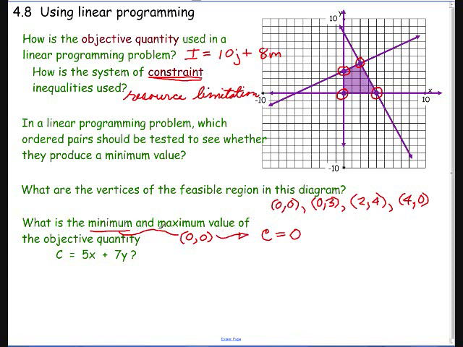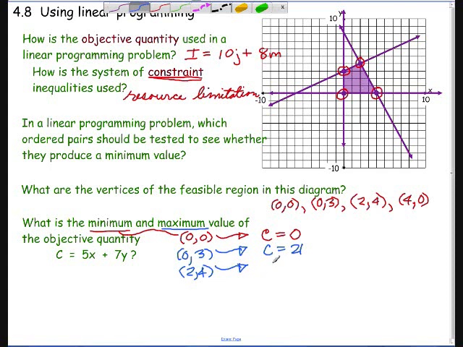The more interesting question for us, because it's a little more difficult, is what is the maximum? If I go with 0, 3, what do I get for my C? It would be nothing for this, and C would be 21. How about 2 and 4?